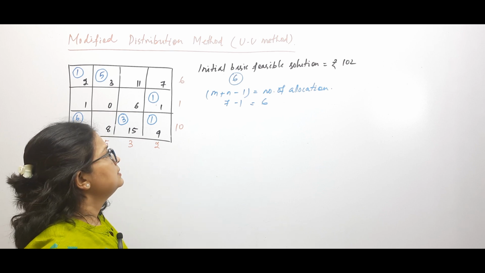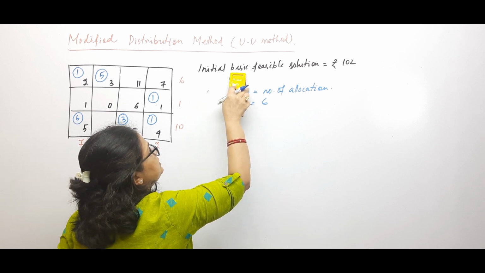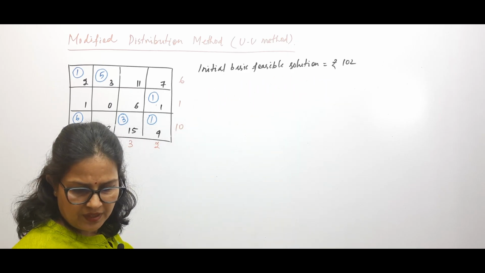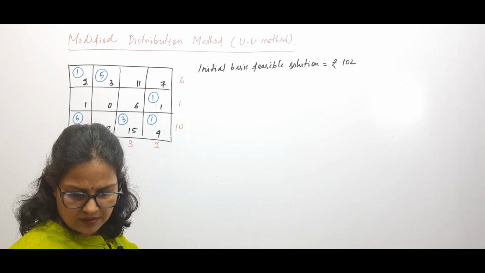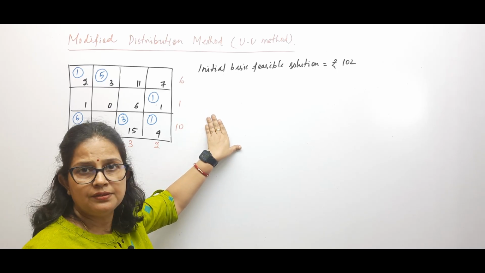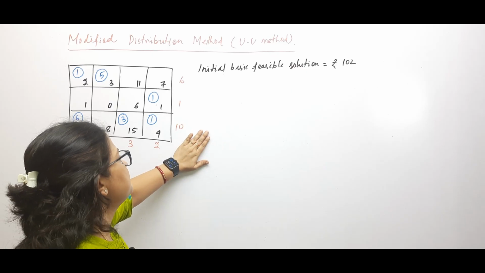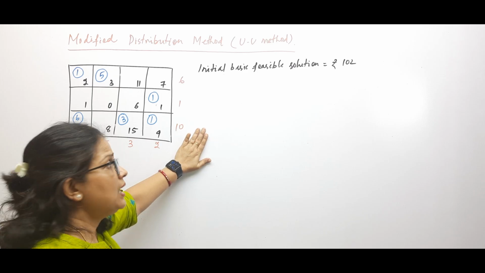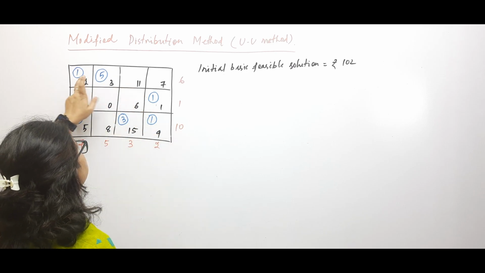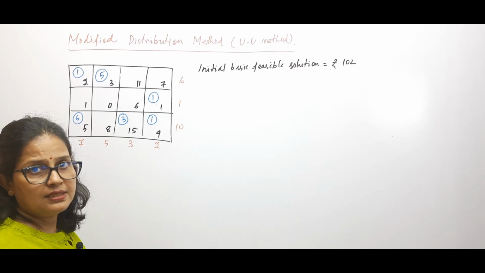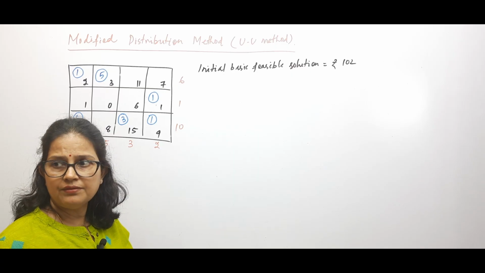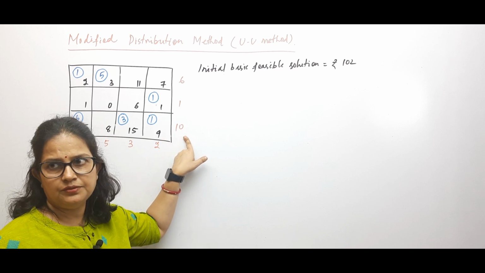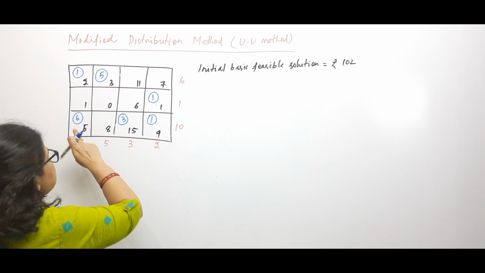The next step is we have to introduce two variables here. Those variables are called dual variables, U and V. We need to do this for the allocated cells. Where we have allocations, for that only we have to find the U and V values.